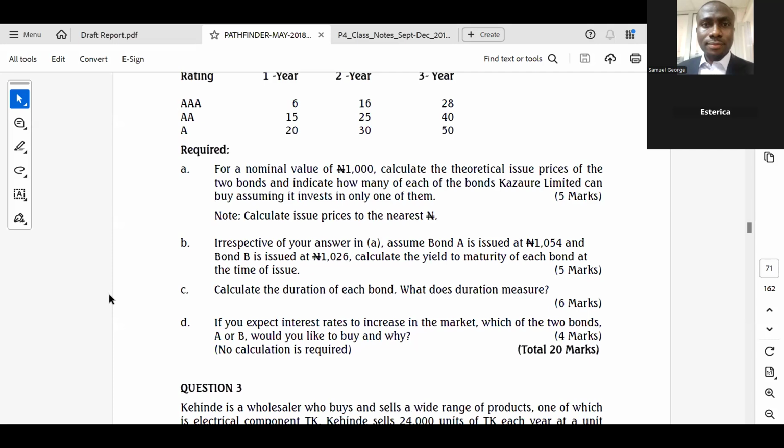From the question we're solving, question C speaks about duration. He said, calculate the duration of each bond. What does duration measure? I have explained what duration measures. Let us go back.